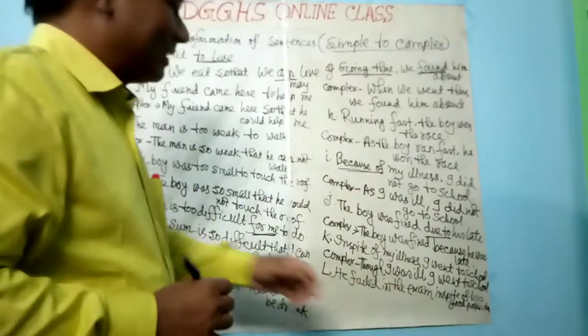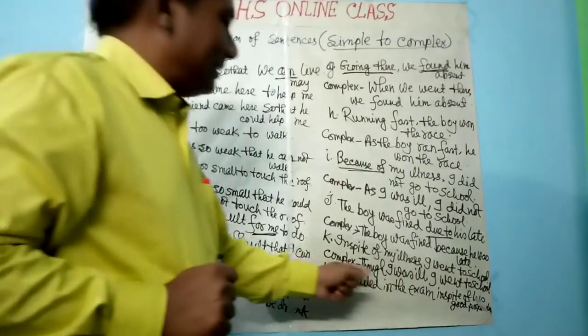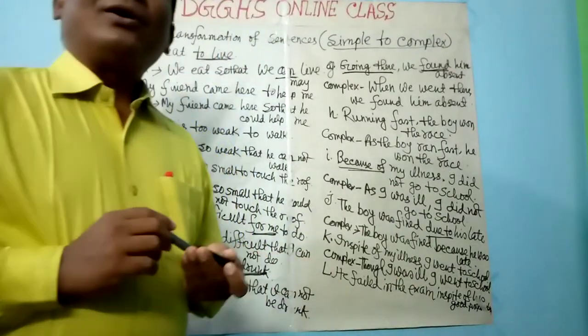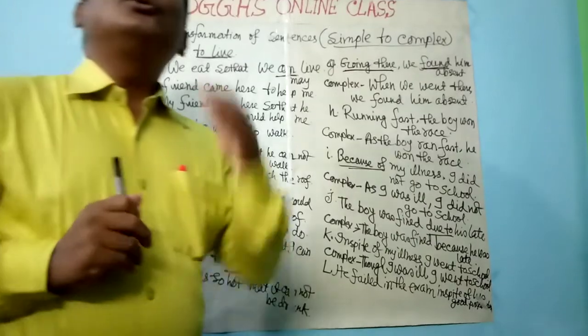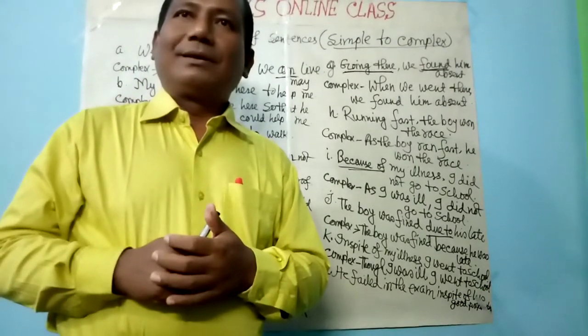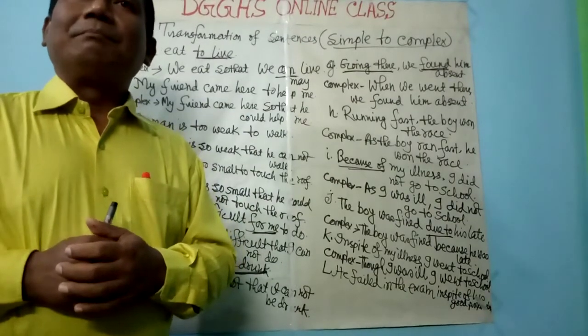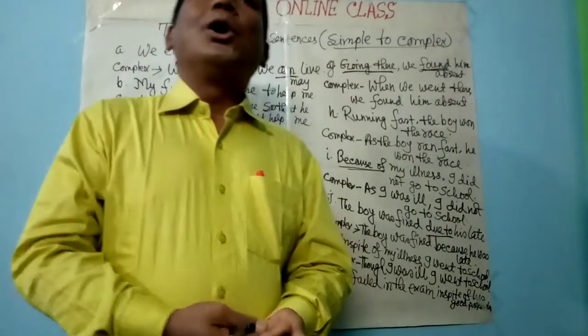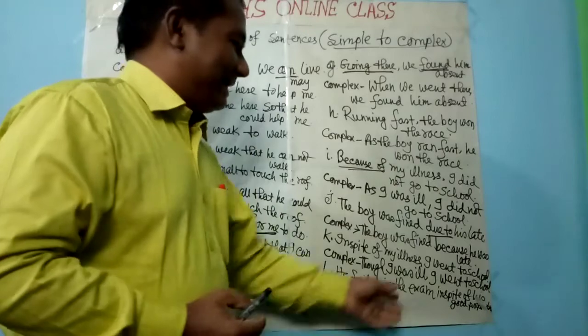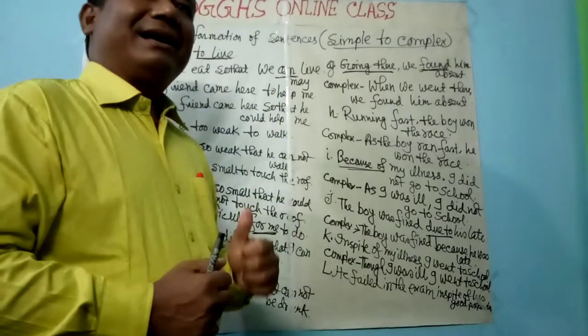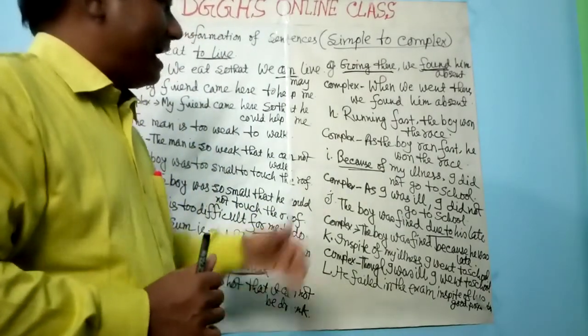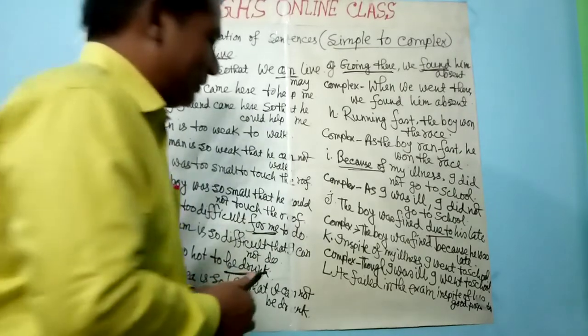You see here, the boy or he had good preparation. That means he would do well in the exam. But it's a matter of sorrow, or it's a matter of regret that he failed in the exam. So what? How can we make it complex? We can make it complex.